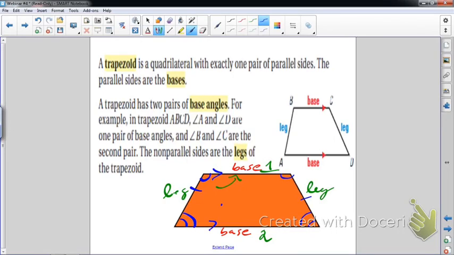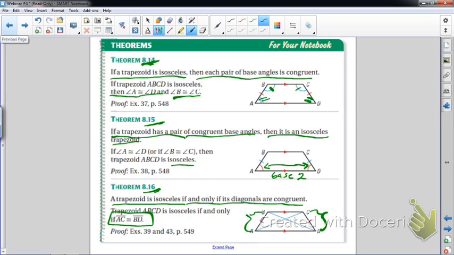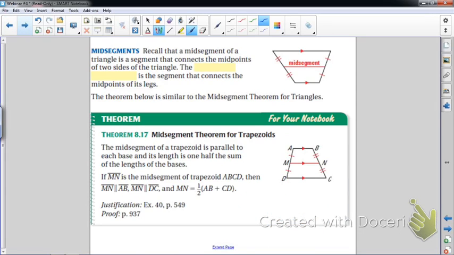And then we can call it an isosceles trapezoid. So it's very important that you can break it down into everything that I'm giving you. This is something that everybody on the test was a little confused at first, but once you understand how it works, it's not that bad.